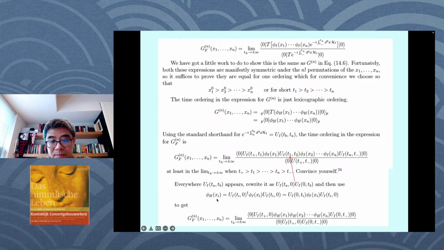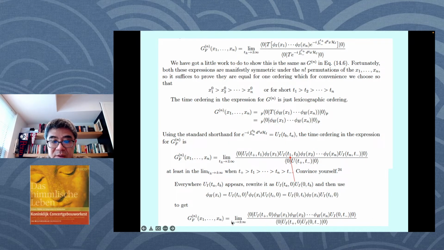Okay, so if you do this, then it is very easy to show that the numerator could be written in terms of a series of Heisenberg picture field operators phi h x1, phi h x2. Remember, all the UI has been absorbed into these field operators. Just two evolution operators are remaining, at the beginning and at the end of the whole series. Okay, so we got this formula for GF.